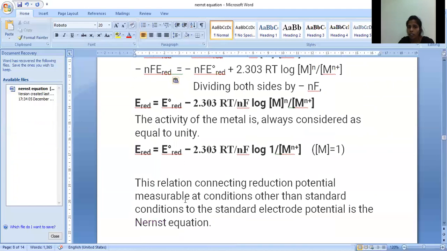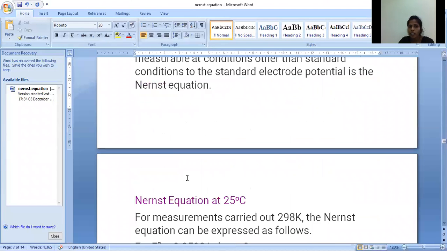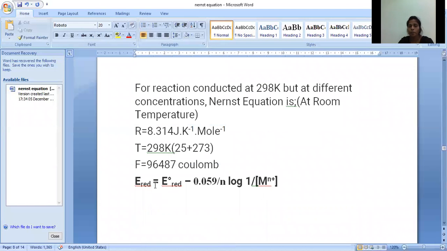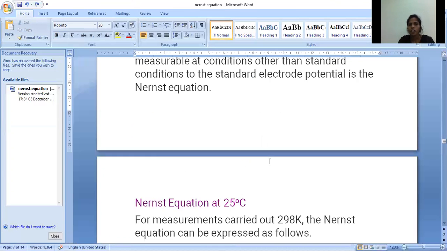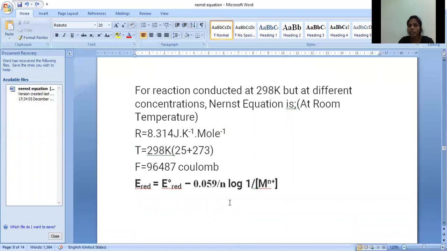By substituting all the values, you will get the Nernst equation at room temperature: E red is equal to E naught red minus 0.059 by n log 1 by M power n plus. So in the place of this, you can write log K. So either you can write 1 by M^n+, or you can write log K. So that is the Nernst equation at room temperature.